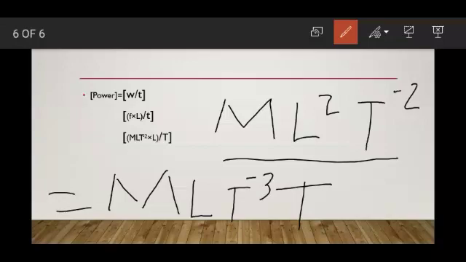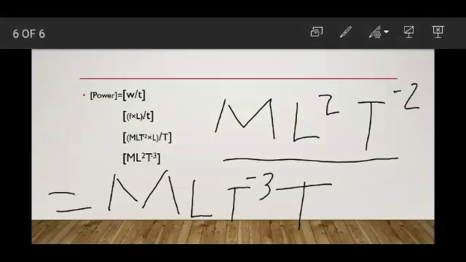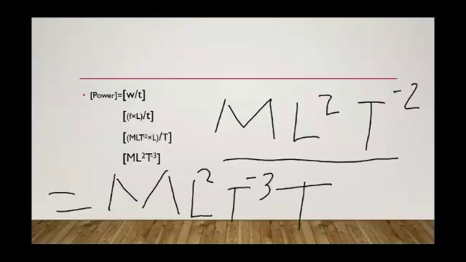So that is a simplified way. As you can see, you end up getting mass, length power 2, t power negative 3. I forgot to write the power 2 earlier. So that is a simplified way.